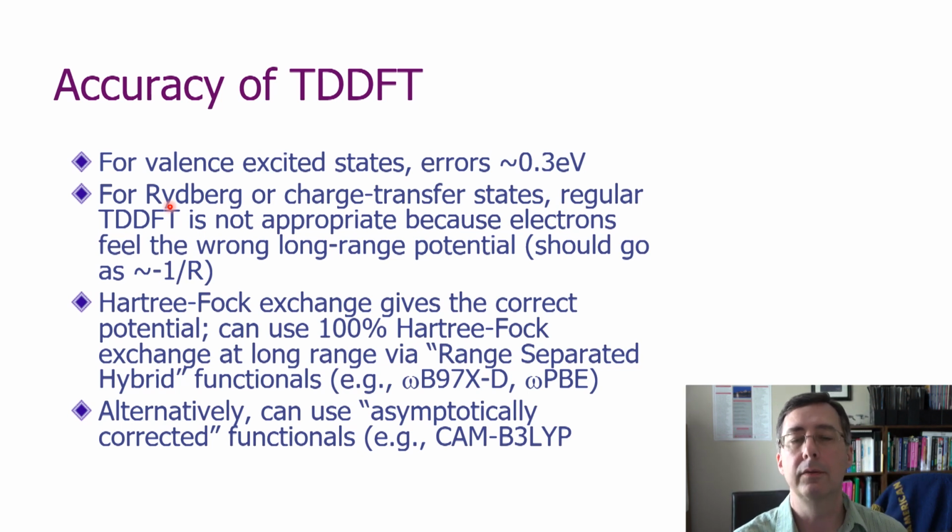And that's because DFT in general is using some kind of exchange interaction which should fall off with respect to distances with a potential of -1/r, but doesn't unless I take special precautions like using asymptotically corrected functionals or similar techniques, or range-separated hybrids. If I'm not using one of these techniques, I can run into trouble if I have Rydberg states or charge transfer states.